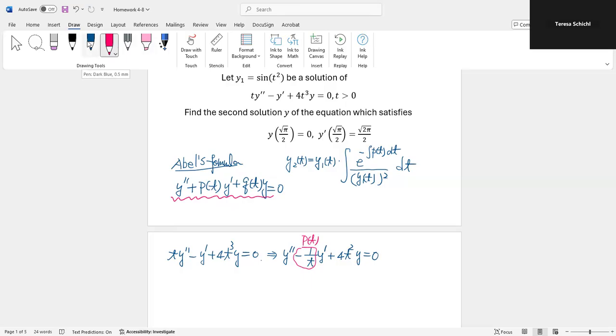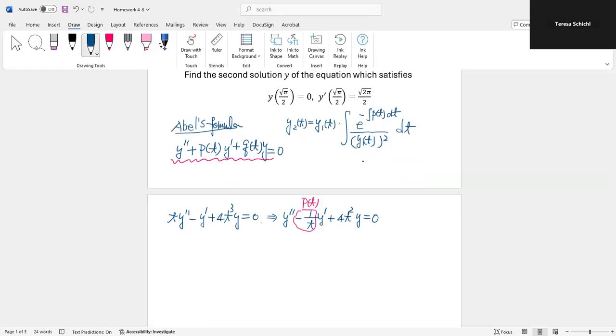Now let me take care of the first integration, the negative integral of p(t) dt. This will be negative, negative 1 over t dt, so this will be the integral of 1 over t dt, which is the ln t plus c.